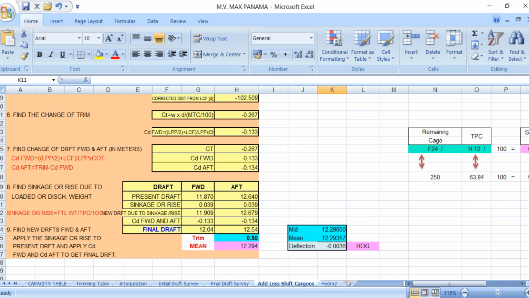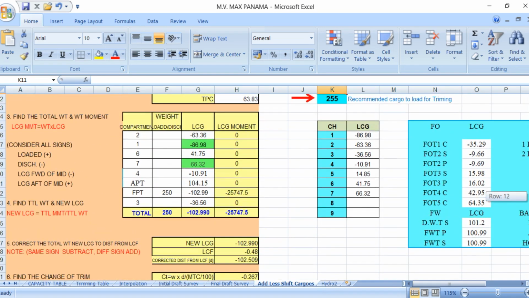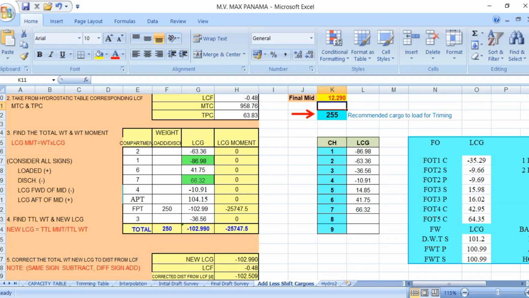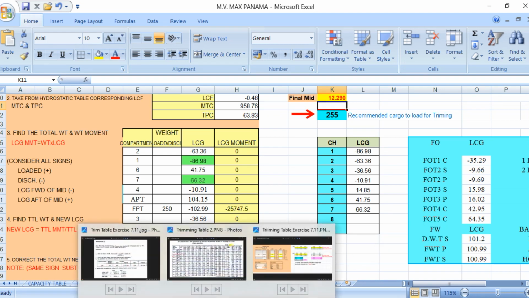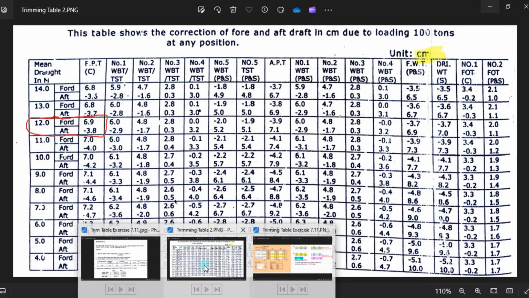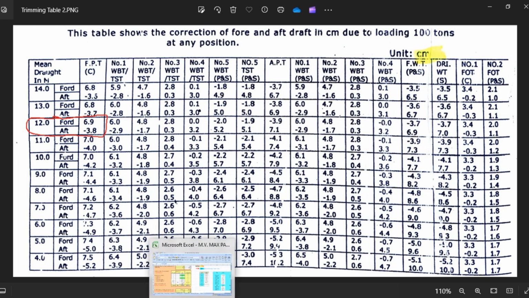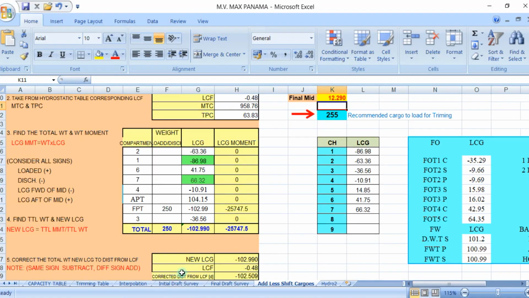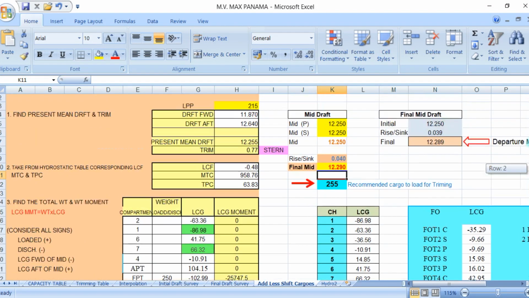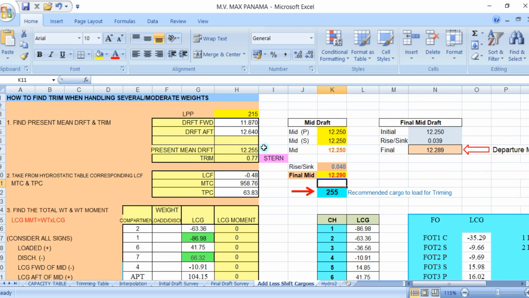So we investigate this one by the trimming table, okay? So we go by trimming table. In the trimming table, your present main drop should be 12.25. So with this main drop, you investigate in your trimming table.